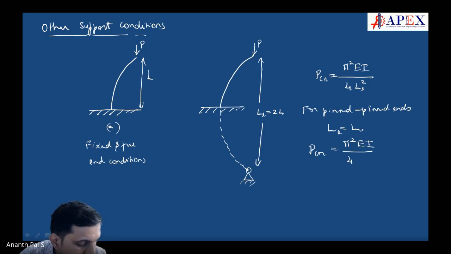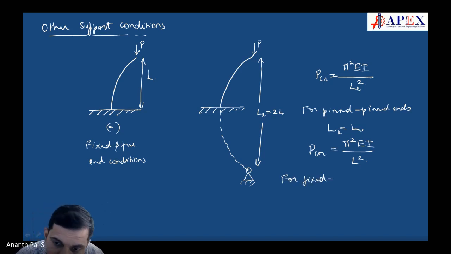I'm sorry, this is wrong, is it not? Am I correct here? No, this is not the case. LE square, right? So we can take L effective square. This is the case. Pi square EI by L square, that is P critical. Right? So now here I have LE equal to L for pinned ends.